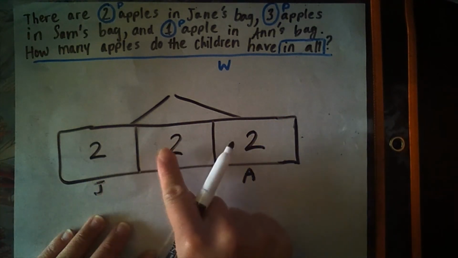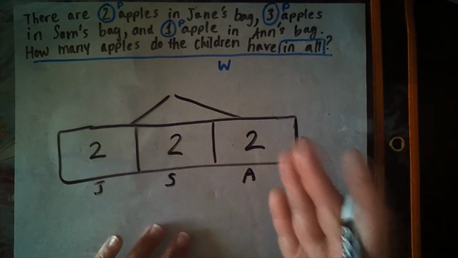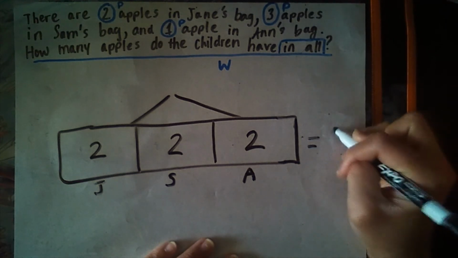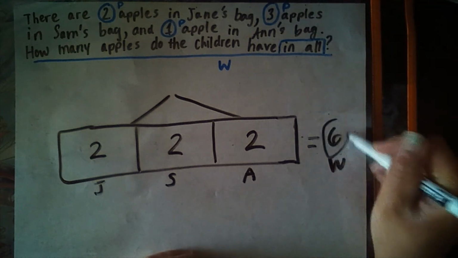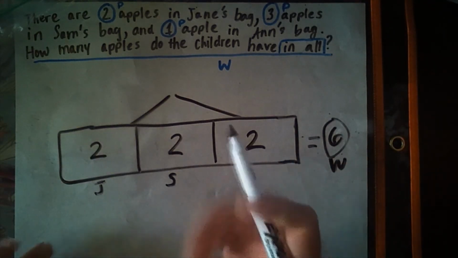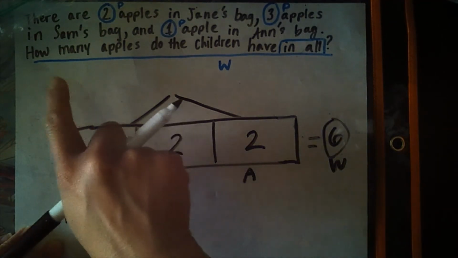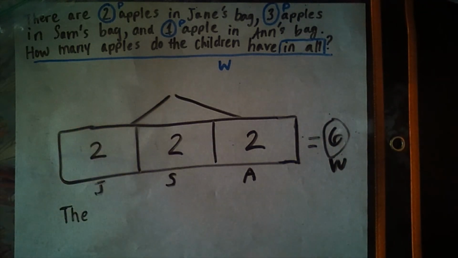So 2 plus 2 is 4. That's a doubles fact. Plus 2 more is 6. So our whole is 6. And we're going to box that in. Let's go ahead and write our sentence. Our sentence is going to answer our question, because our question reads, how many apples do the children have in all?